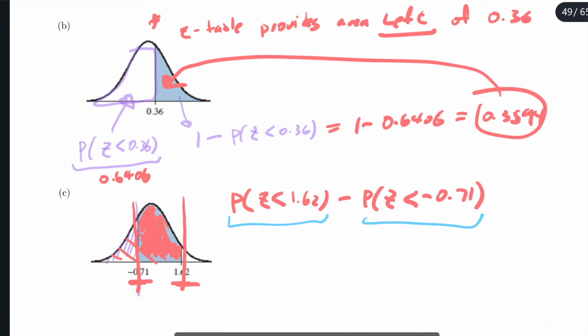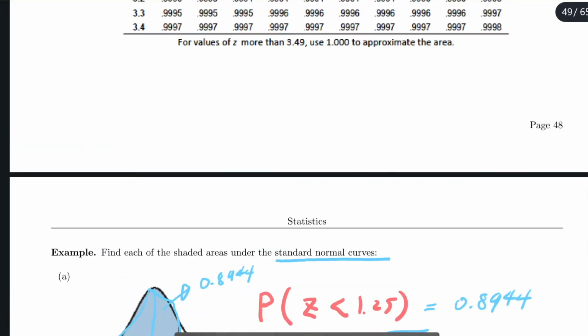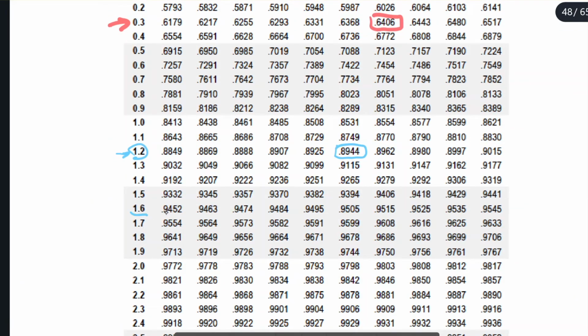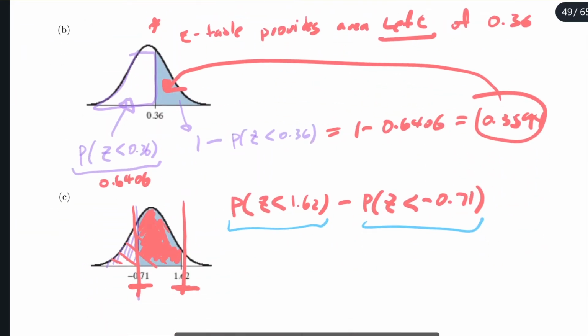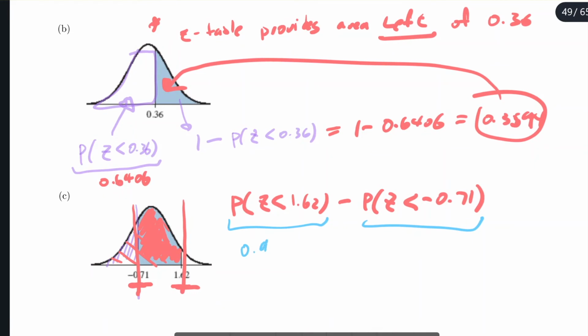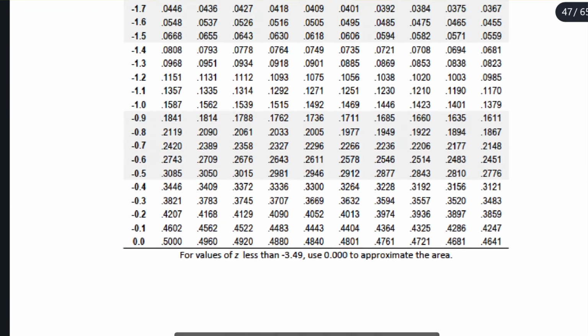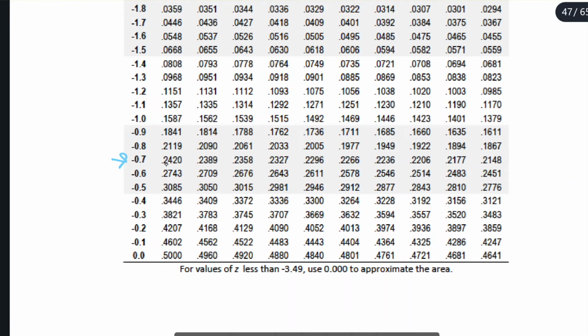So let's find 1.62 first. 1.6, then 2. 0.9474. Minus, for negative 0.71, we get 0.2389.